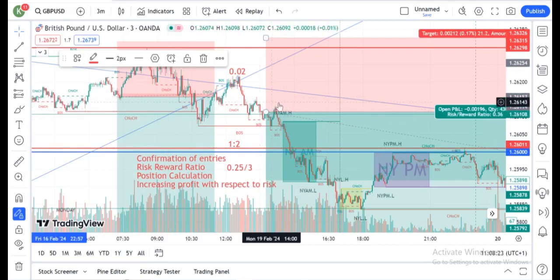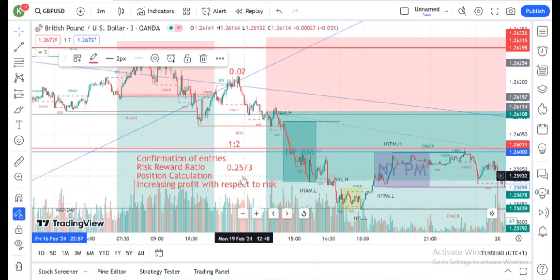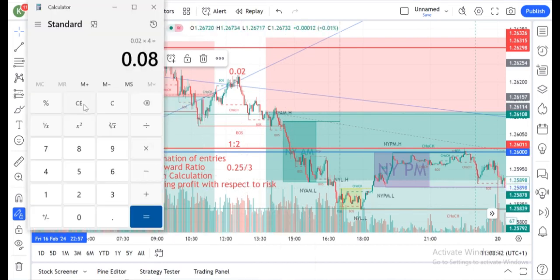So I can come in here with 0.02 4 times, and as I see the move, I just wait for another break of structure which confirms a trend, and I take more 0.02 4 times, and that completes 0.16. Taking 0.08 2 times, as I'm going to multiply this by 2, will give you 0.16, which is about half of the 0.25.